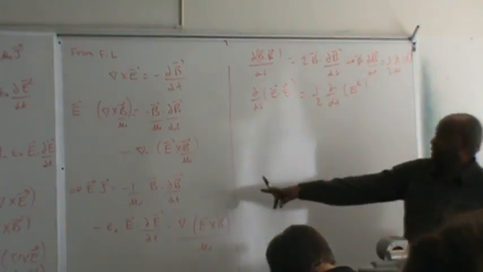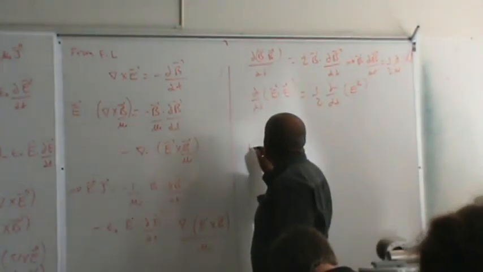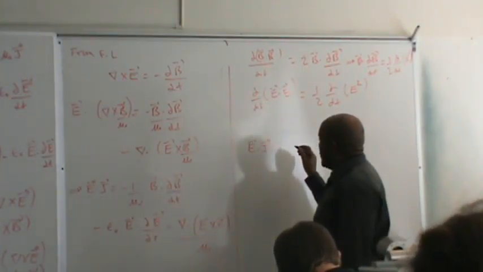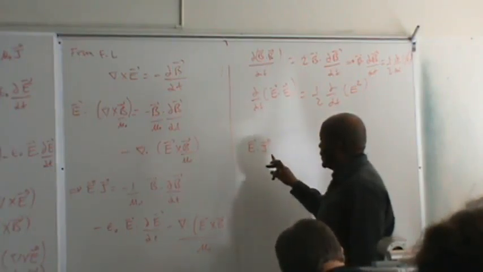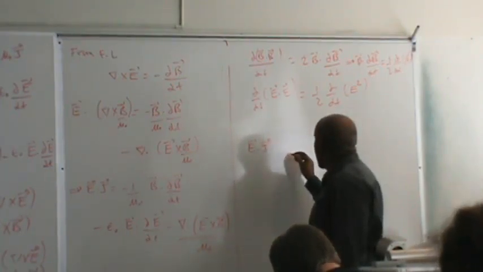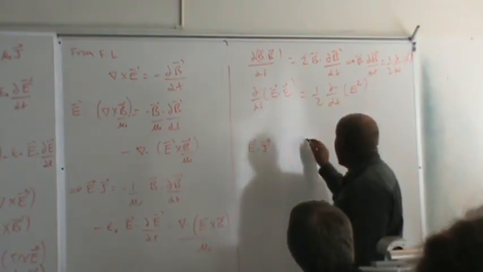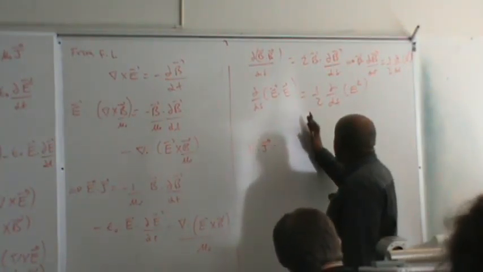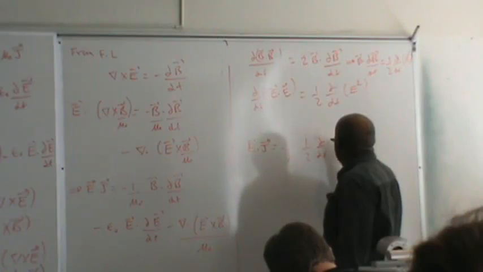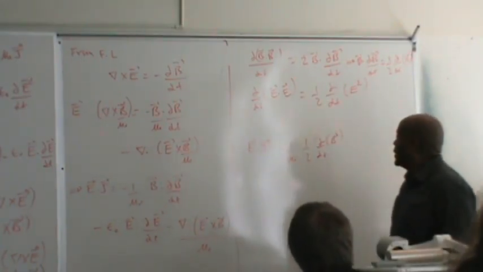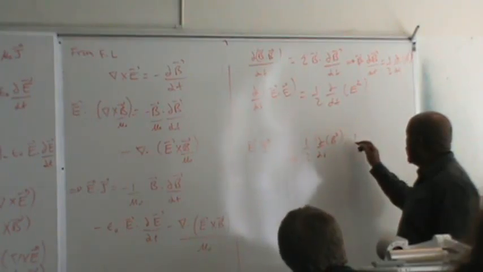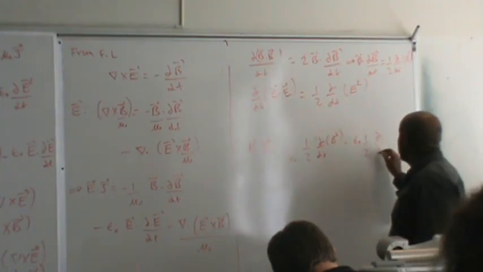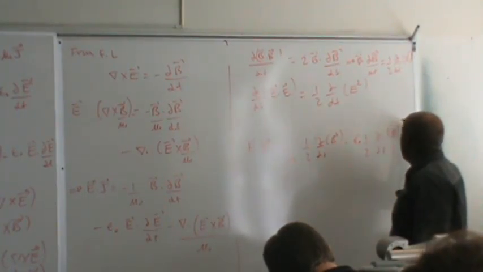So then we can see that E dot J, you can write it as minus 1 over mu naught times half of d by dt of B squared, minus epsilon naught times 1 over 2 d by dt of E squared.